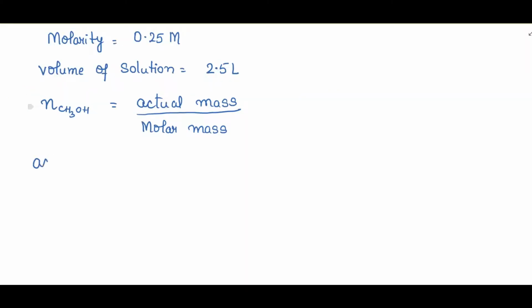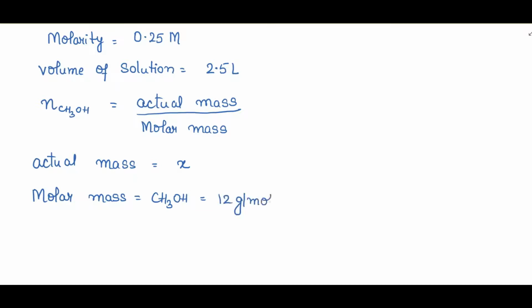I'll assume actual mass as X. Let's find the molar mass. So molar mass of methanol equal to, add the atomic masses of the elements. So atomic mass of carbon 12 gram per mole plus atomic mass of hydrogen 1 gram per mole into 3 plus atomic mass of oxygen 16 gram per mole plus atomic mass of hydrogen 1 gram per mole.